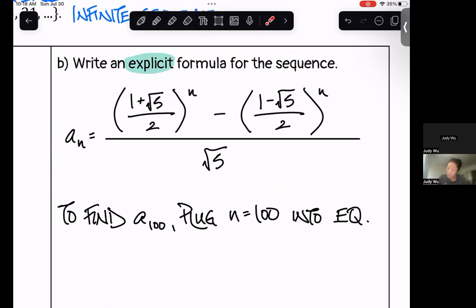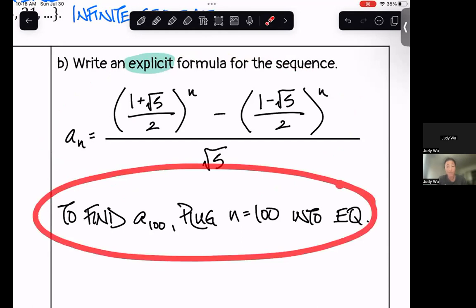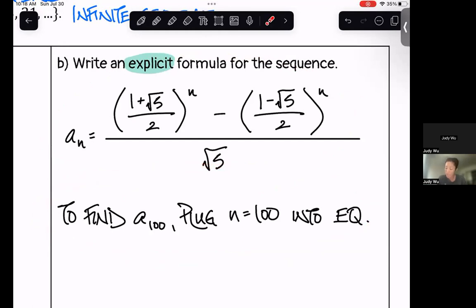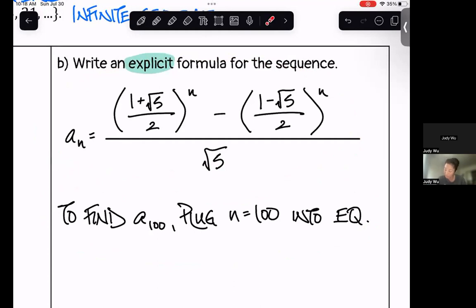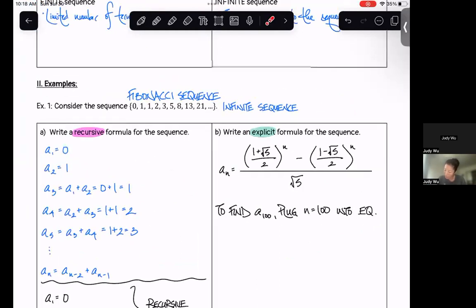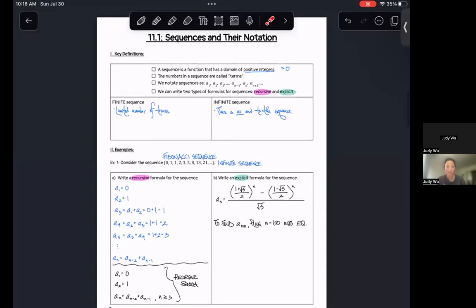So beneficial because it's easier to find a specific term, but a little bit harder sometimes to get to that explicit formula. All right, so let's get this all on one page for us here, all right? But in the next few videos, we're going to practice finding explicit formulas, finding recursive formulas, and actually working with them to find the specific term, okay? So come on back for a little bit more practice.